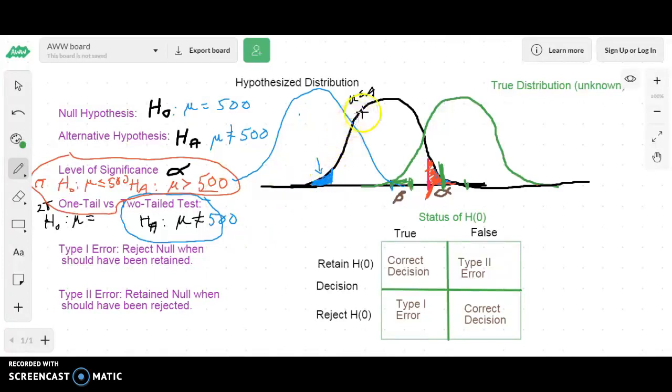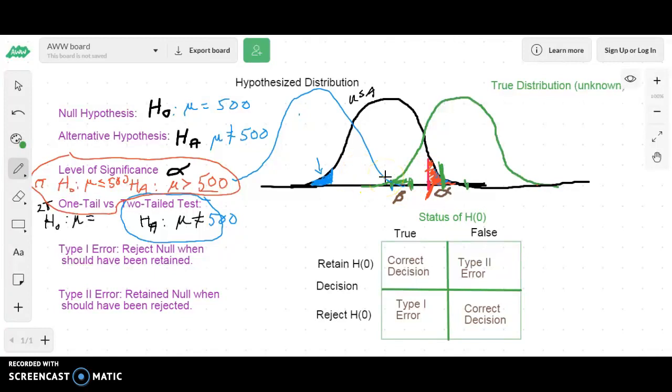We have a normal curve here, and in red we shaded in the area under the curve that is going to be our make or break point. We're going to randomly select students and compare them to this null hypothesis. If we end up with a sample that scores in this region, to the left of this red line, then we're going to retain the null hypothesis.